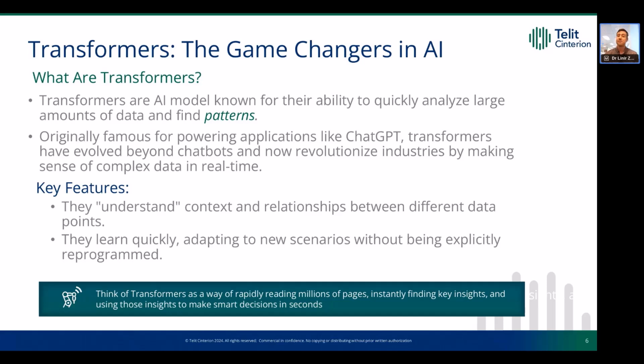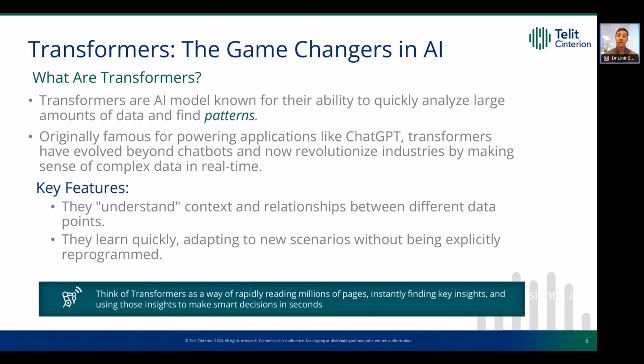So transformers are basically the building blocks of so many AI tools that we see nowadays, starting, of course, with ChatGPT, and all the different LLMs are based off transformers. But we saw recently that we can take the same technology, and instead of using it only for LLMs, it can be used for so many different aspects, so many different usages. And one of them, of course, is the factory.